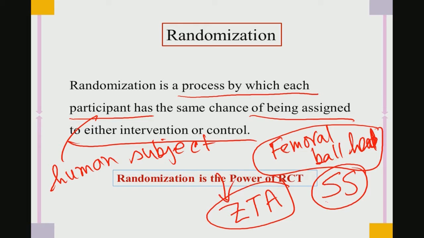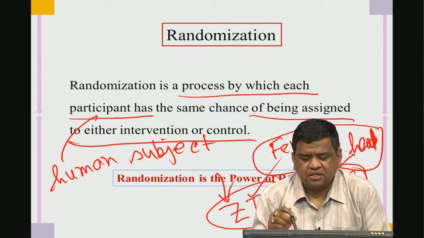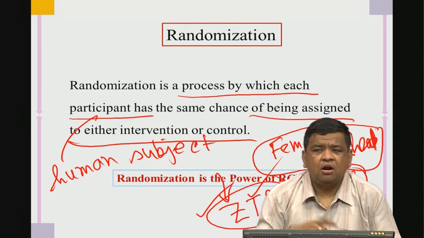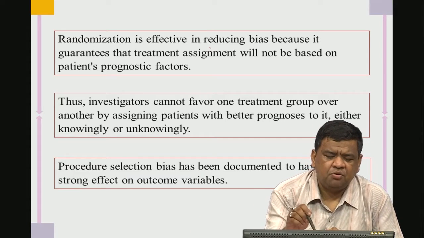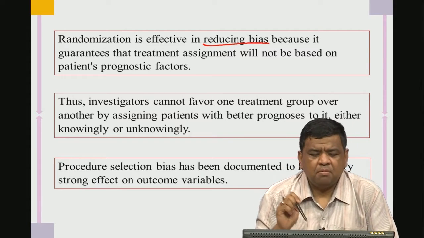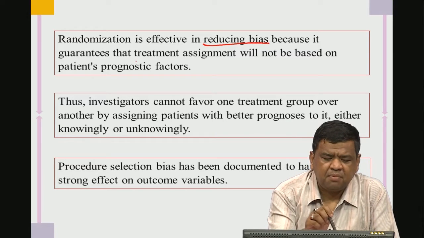So, on one side it is ceramic and on the other side it is metal. A human participant or patient would not know whether he or she is getting ZTA or SS. Each patient would have equal probability to receive either ZTA or a metallic femoral head.